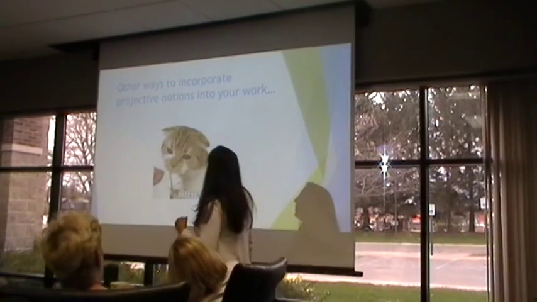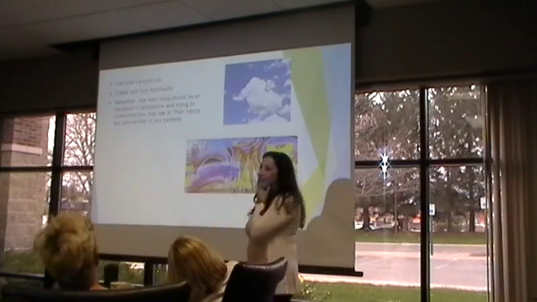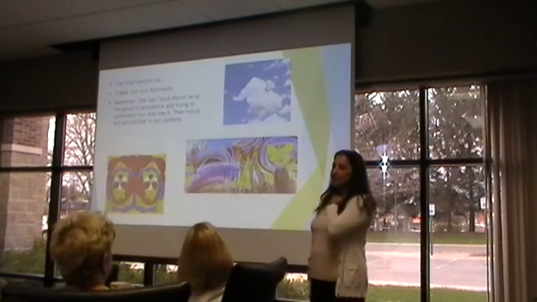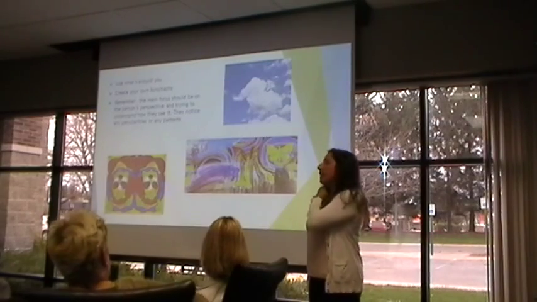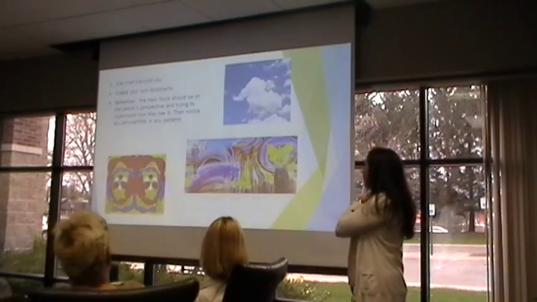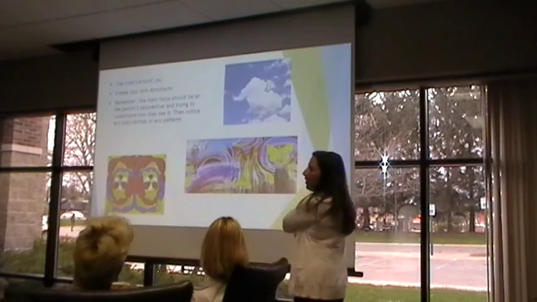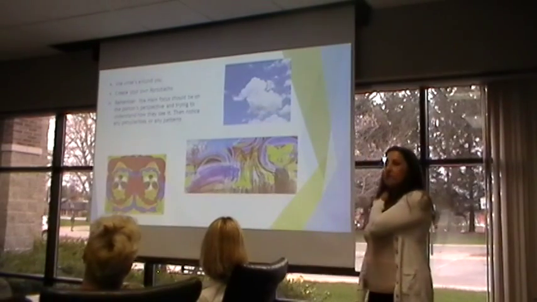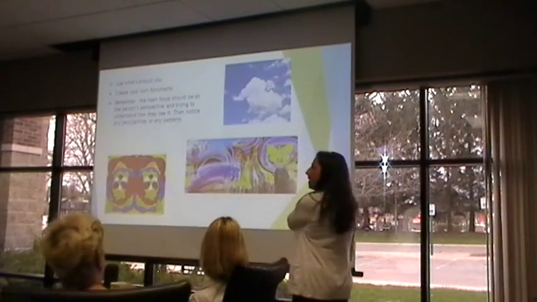Okay, so other ways to incorporate projectives into your work. Use what's around you, okay? There's clouds. What do you guys see there? Okay, you guys are outside with the kid. Like an elephant. Just having a conversation. What makes it an elephant? What do you think about when you think of elephants? Okay, general conversation. If you have any abstract paintings, kind of the same thing.